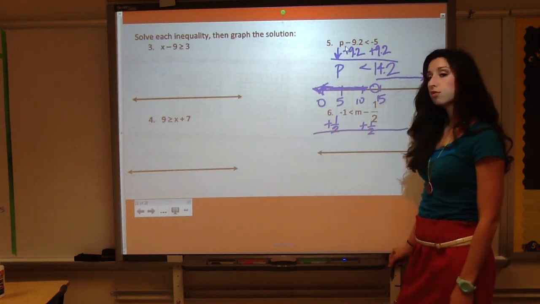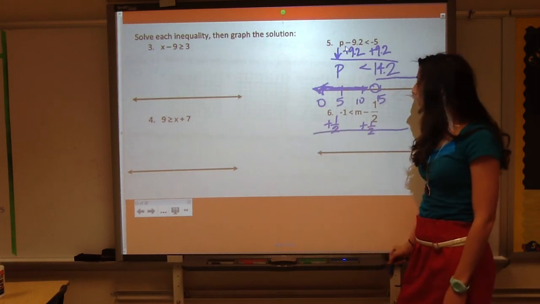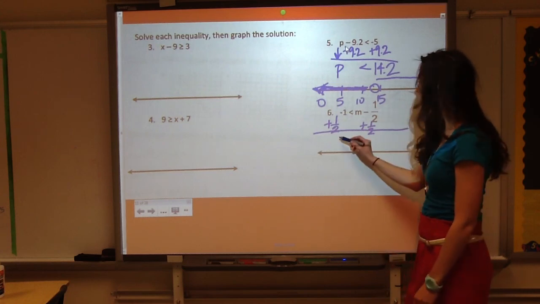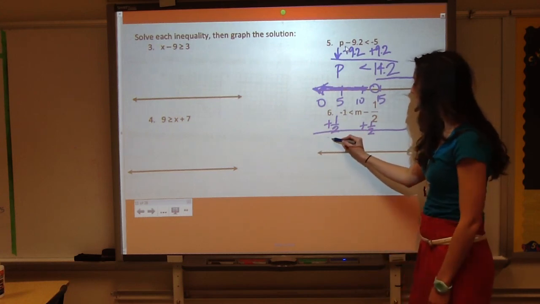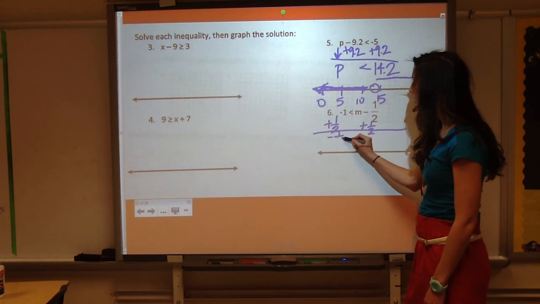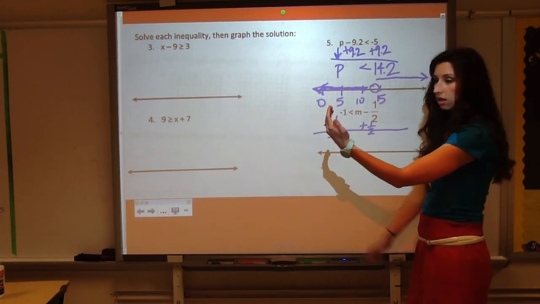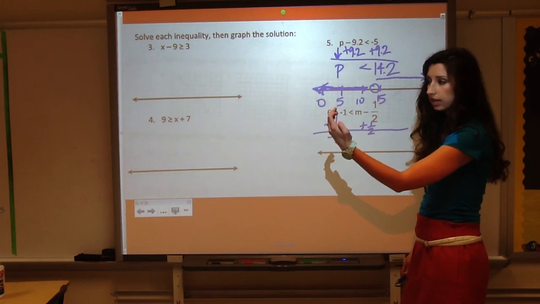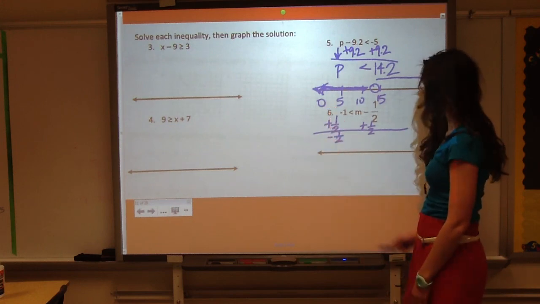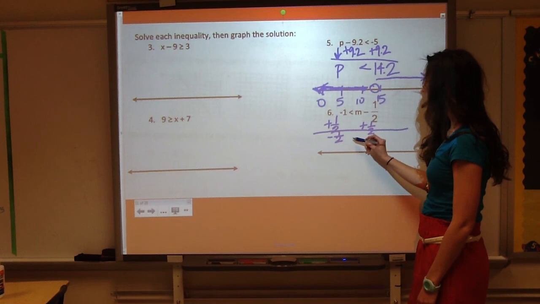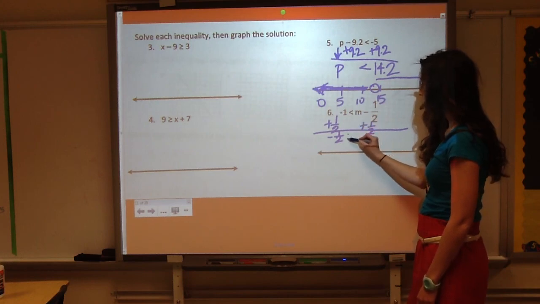So now -1 plus a 1/2 is going to give me just a -1/2. I went from negative 1, and I added the opposite sign of a half, so I only have a negative half remaining. Okay? So now, negative 1/2, I'm bringing this straight down, is less than m.